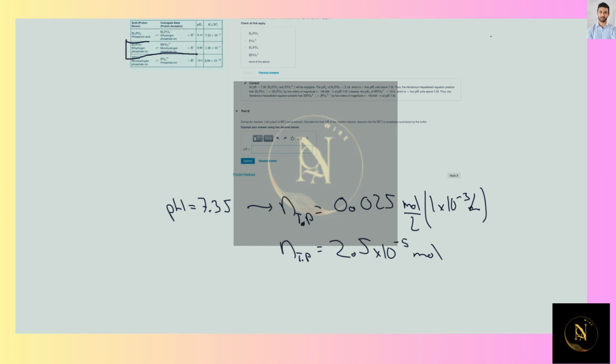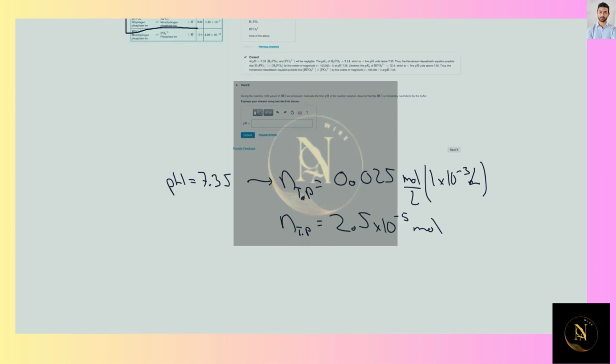So in this case, since we know that the buffer is at pH equal to 7, and we have a buffer, we know that the pH is calculated according to the Henderson-Hasselbalch equation. So pH is going to be equal to pKa plus the logarithm of the concentration of the conjugate base, in this case, concentration of HPO4 2 minus, divided by the concentration of H2PO4 minus.